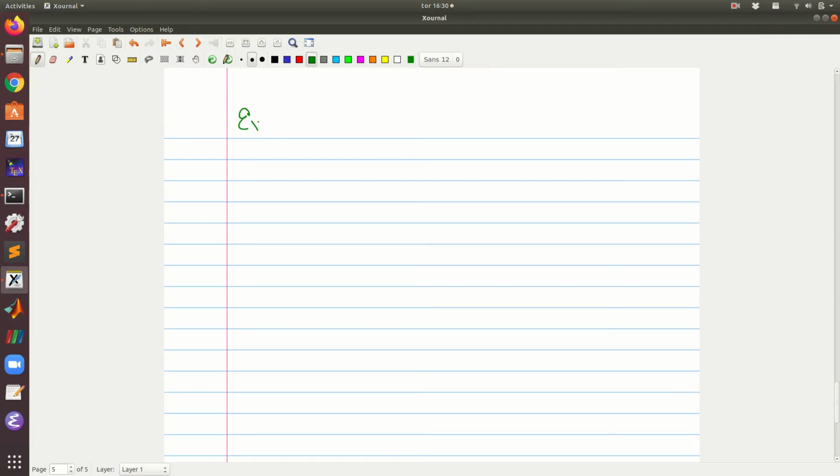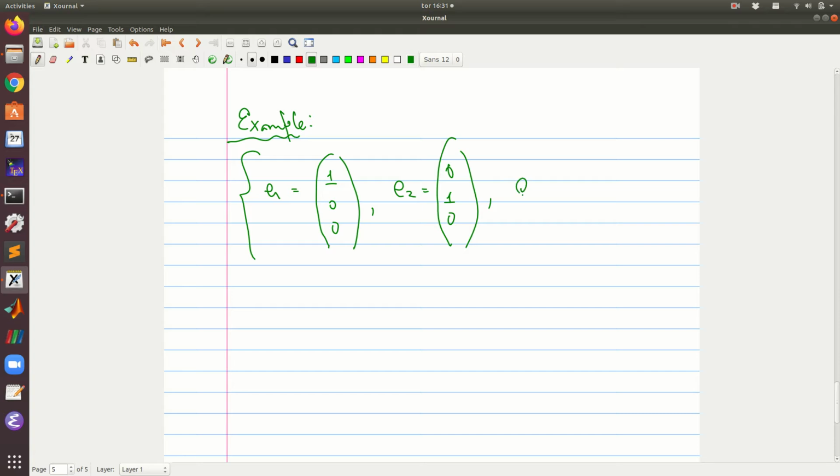Maybe we can look at another example here. What is this other example? Let's see. We have the set given by the vectors E1, which is (1, 0, 0), and then E2 given by (0, 1, 0), and then E3 which is given by (0, 0, 1).